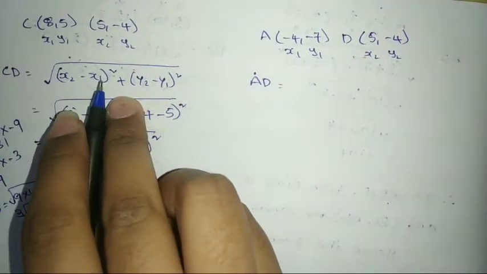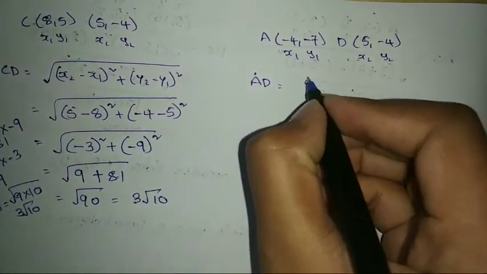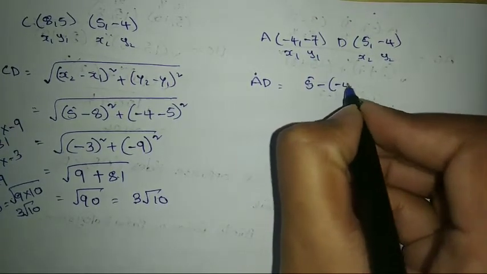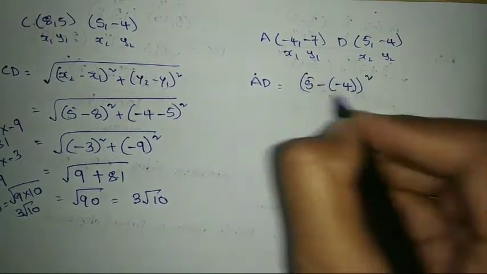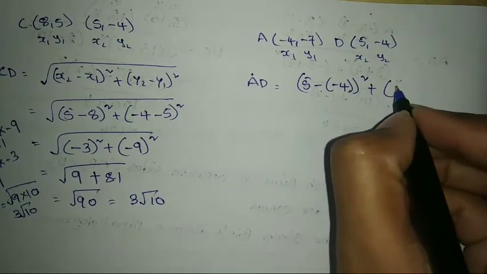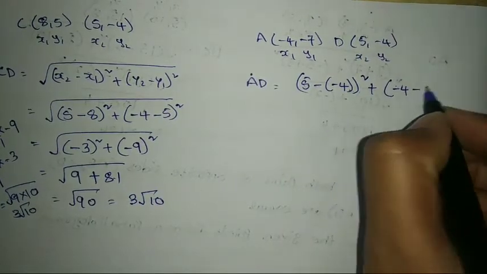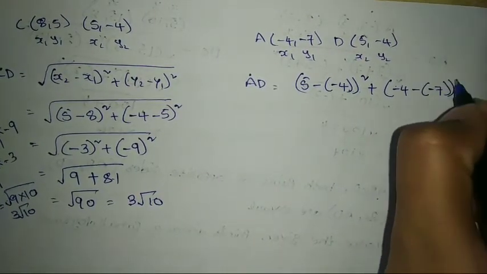So this is the formula, same formula. Square root of 5 minus of minus 4 whole square plus minus 4 minus of minus 7 whole square.